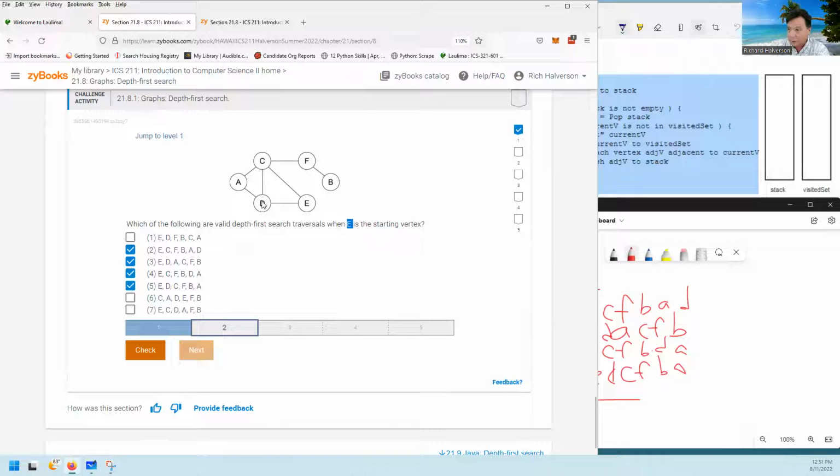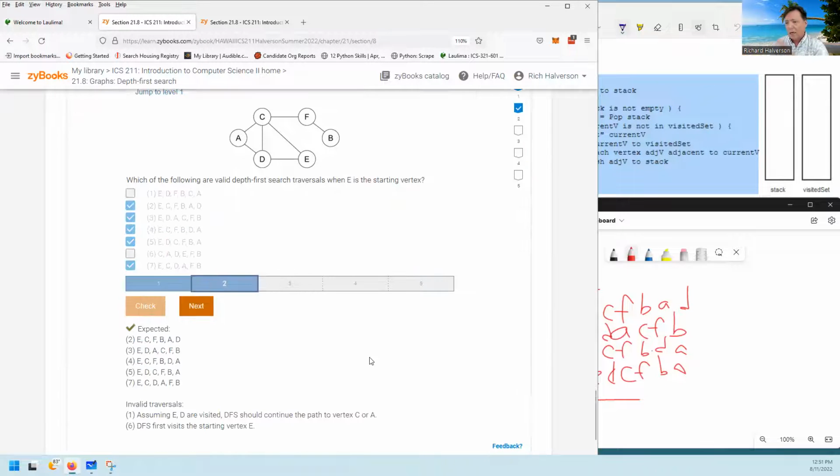I'm not backtracking. Down a path, and now I've got to backtrack. I would backtrack here to here and then go to F, B. So yes, that one's valid also. All right, so I'm just going to check. Ah, good, got it right.